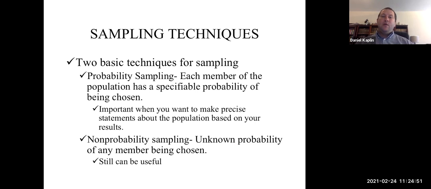We want probability sampling when we're trying to make precise statements about the population or trying to generalize to the population. Sometimes we don't know the likelihood of a person being selected, right? That's called non-probability sampling. Our generalizability in non-probability sampling is reduced, but that doesn't mean it's not useful. Non-probability sampling still can be useful.